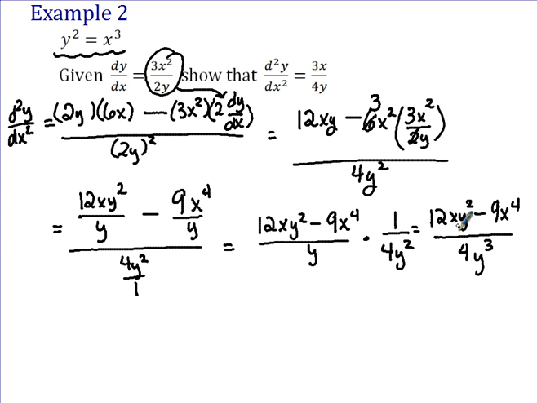Notice right here we have 12xy squared. But my original equation tells me that y squared is equal to x cubed. So let's change this y squared. I'm going to rewrite over here. Instead of 12xy squared, we're going to put 12x times x cubed because y squared equals x cubed in our original equation.